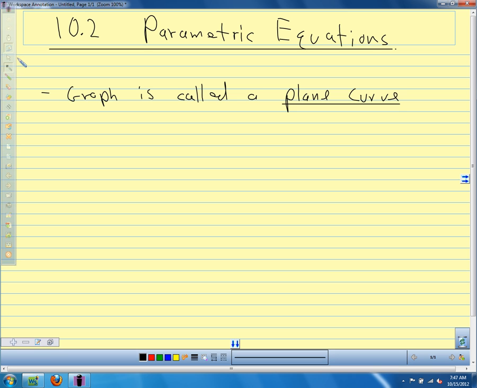So we have a couple of functions, f and g, which are continuous functions of t on some interval, where t is our parameter.